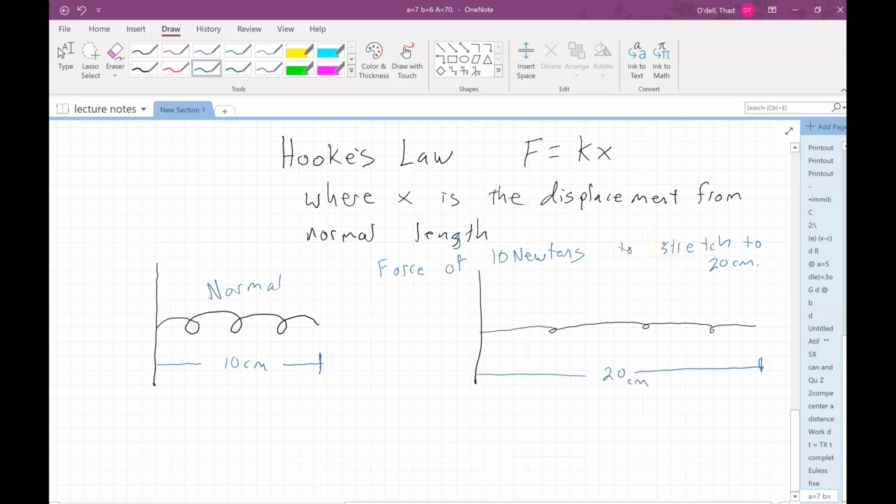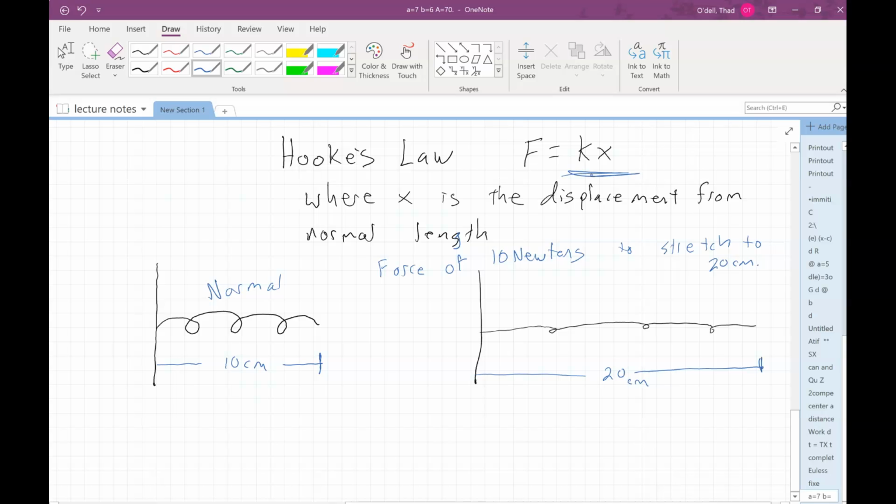Since I stretched it from 10 to 20, the X in this example would be 10, because X is the displacement, not the length of the spring, but the difference between the new length and the normal length.